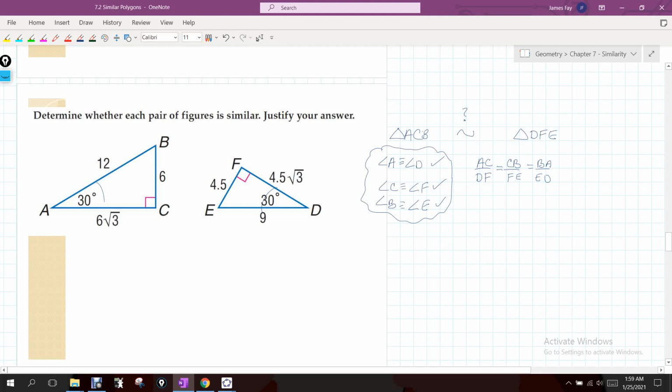So what that tells us is same shape. That says that they're going to be all triangles or whatever the shape might be, all quadrilaterals, all pentagons, whatever. So in this case, both figures are triangles. If we can show this to be true, it'll be same shape, different size.